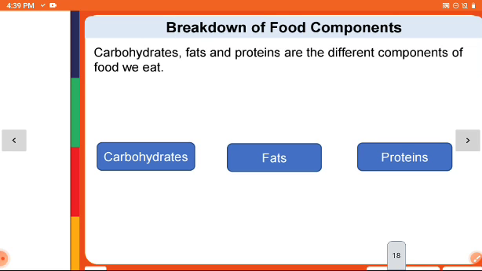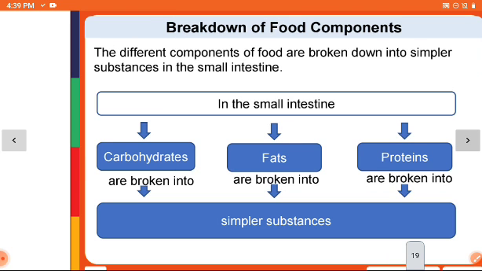So that is the flow chart of how food components are broken down. Carbohydrate, fat and protein are different components of the food we eat.